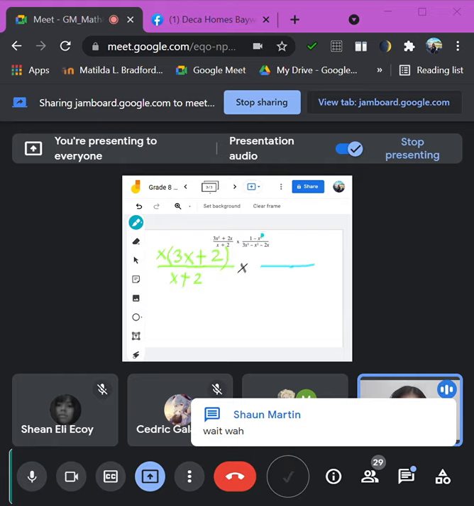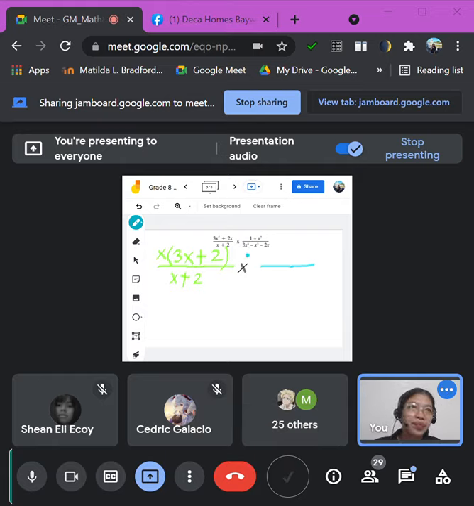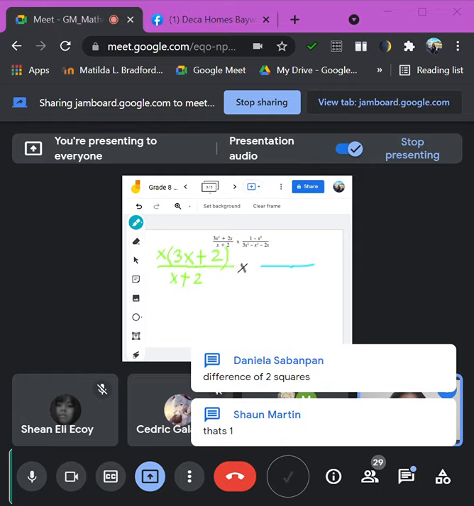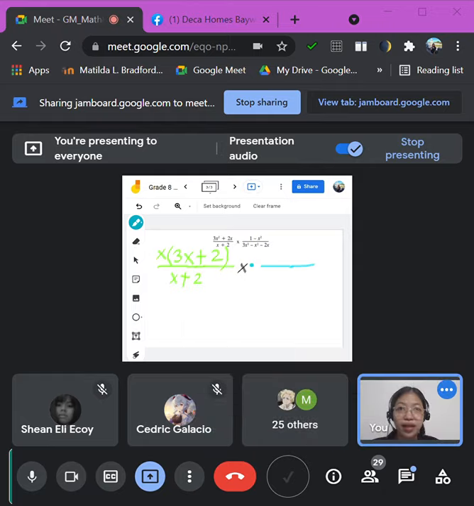So, di ba, ang atong x squared, pwede man siya mahimong difference of two squares. And actually, ang 1 can be squared siya. Okay? Kaya di ba, 1 squared, that is equal to 1 man. So, pwede siya mabuhat as factors of this one.